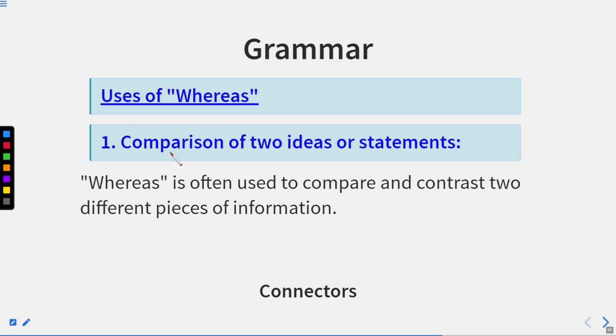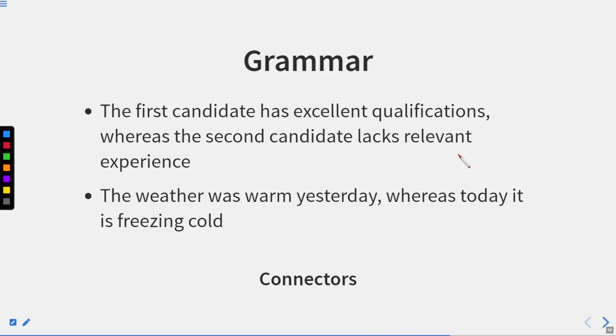Uses of whereas. First of all, comparison of two ideas or statements. The most important use of whereas is just to compare between two things. Whereas is often used to compare and contrast two different pieces of information. The first candidate has excellent qualifications, whereas the second candidate lacks relevant experience.